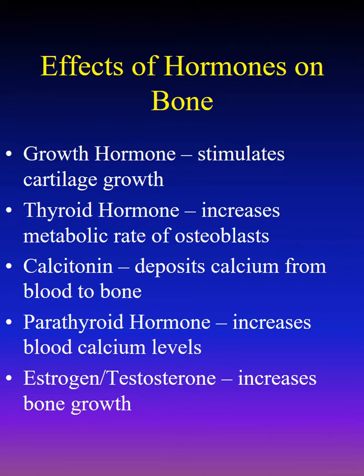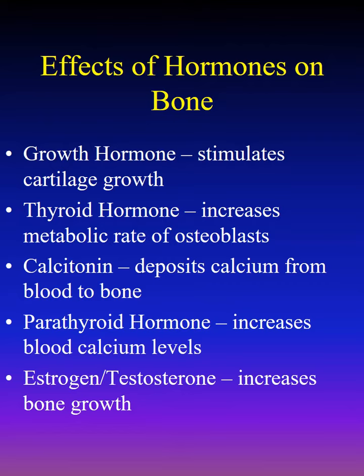Lastly, our sex hormones of estrogen and testosterone are going to be secreted once we hit puberty, and these will be responsible for increasing the rate of bone formation by osteoblasts in the ossification centers within the epithelial plate. And so basically, these hormones are responsible for increasing the length of bone and also to increase their height.